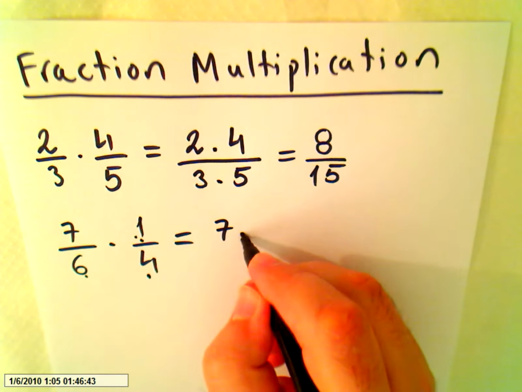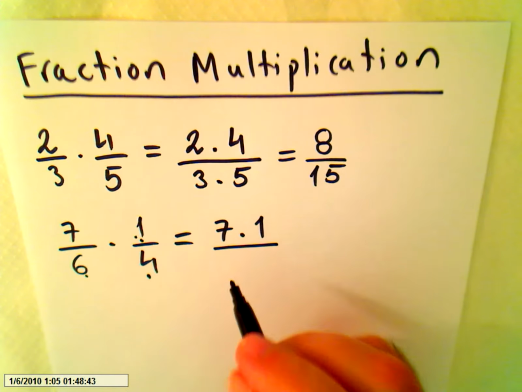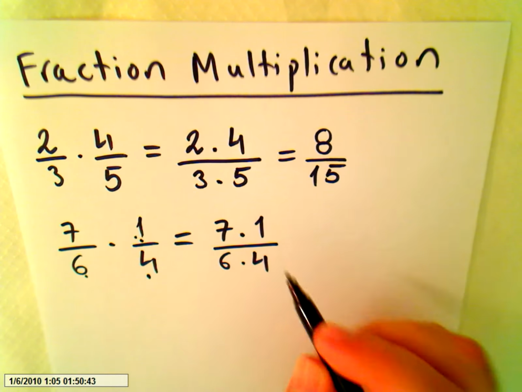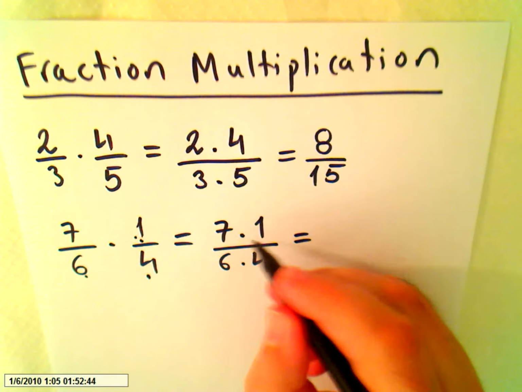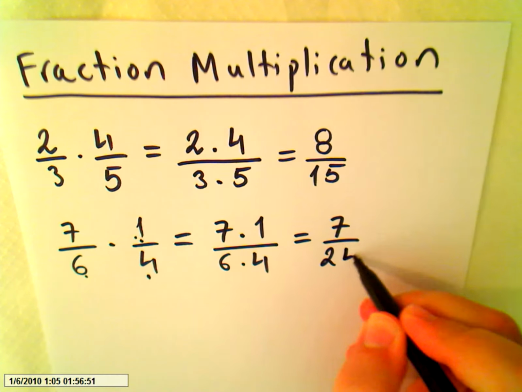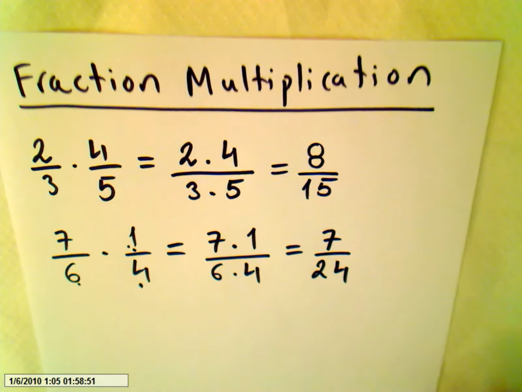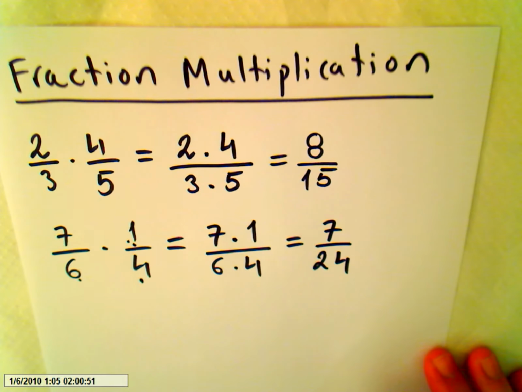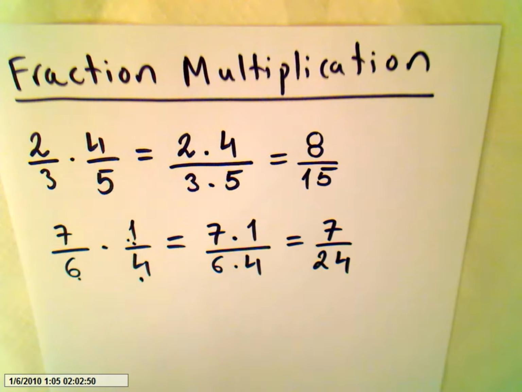So it will be 7 times 1 over 6 times 4. So 7 times 1 equals 7, 6 times 4, 24. Okay, very easy, as you can see. I'll try to leave you with some exercises on the window of this video.